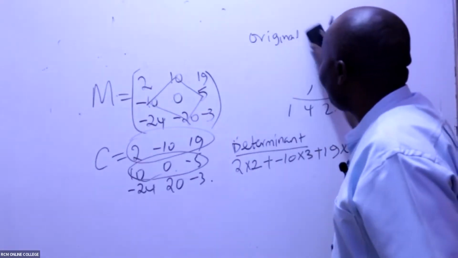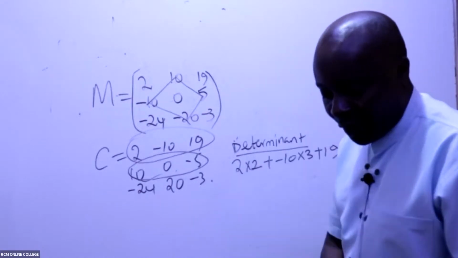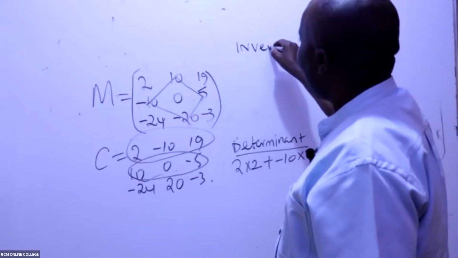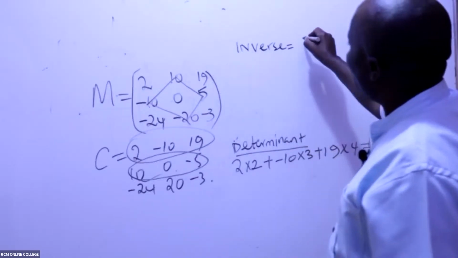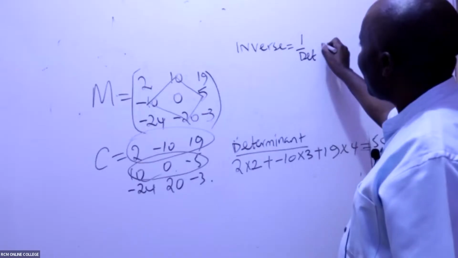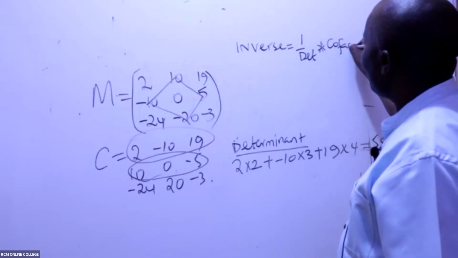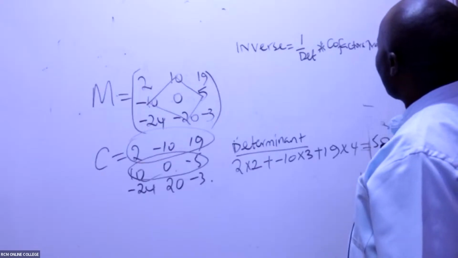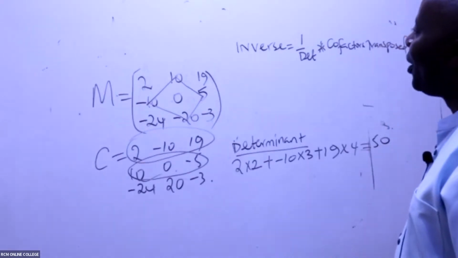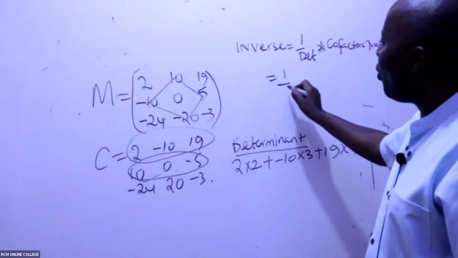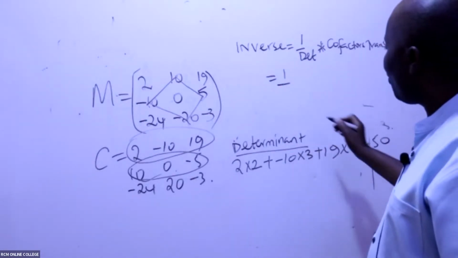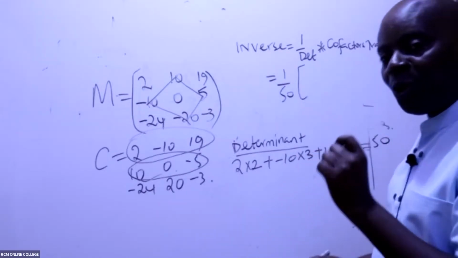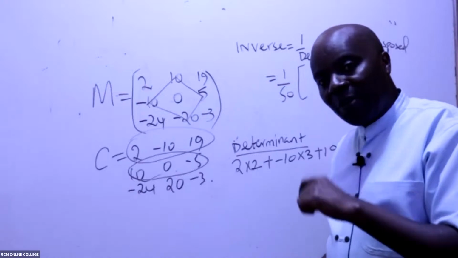How do we get the inverse? To get the inverse, normally what you do, you take 1 over the determinant times cofactors transposed. So then this one here will be 1 over the determinant, the determinant you've given me, 50, times cofactors transposed. To transpose a matrix means to change rows to become columns.